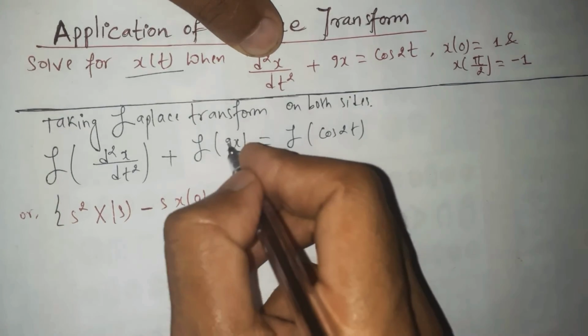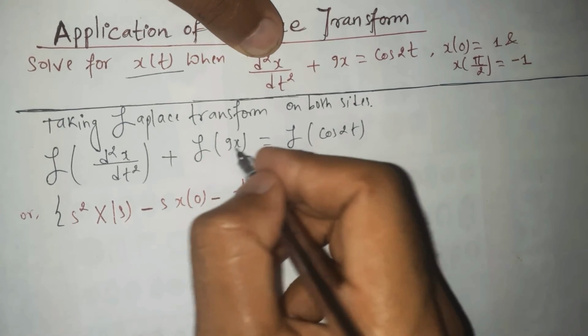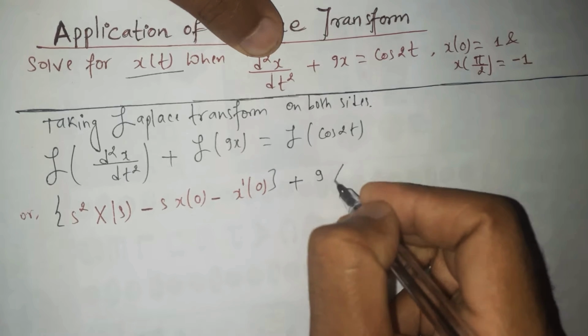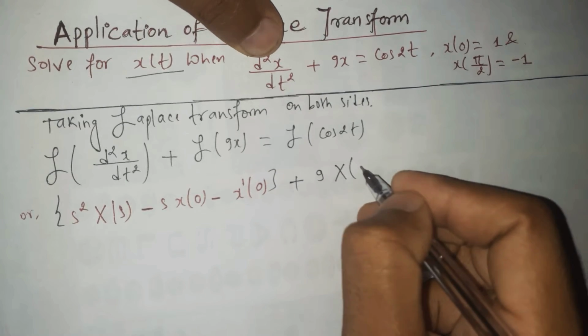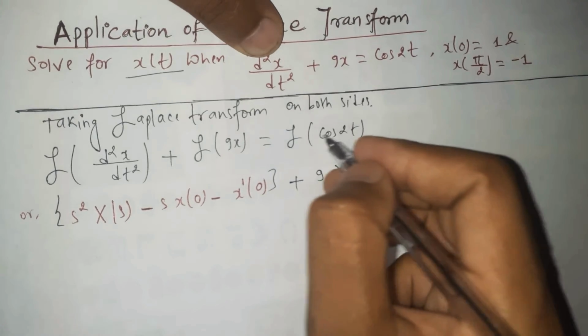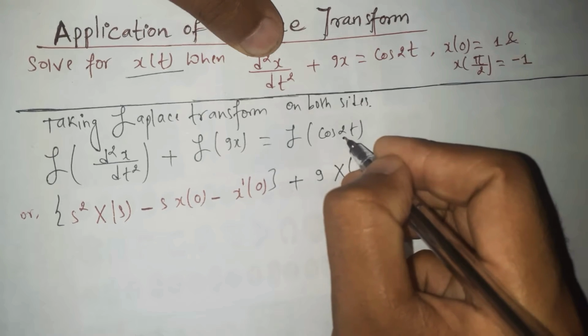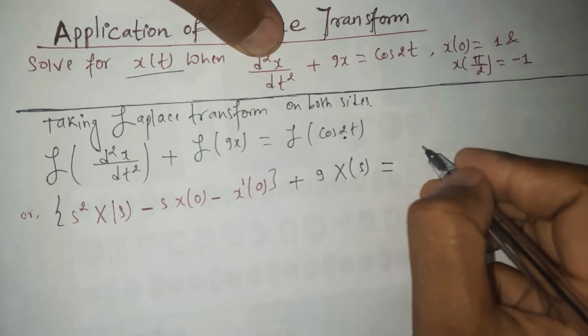Similarly, the number 9 is the coefficient, and the Laplace transformation of x is capital X of s in the s domain. This equals the Laplace transformation of cosine 2t.